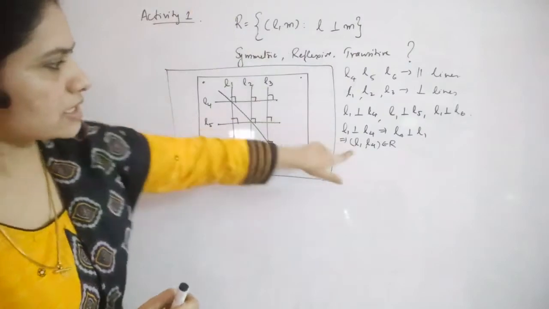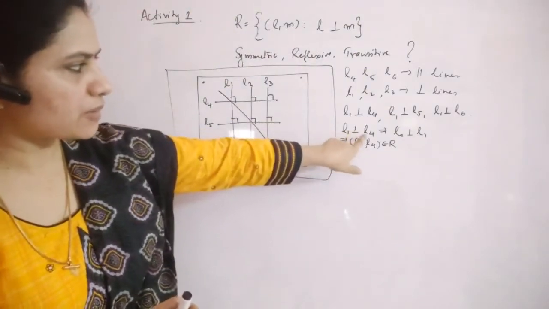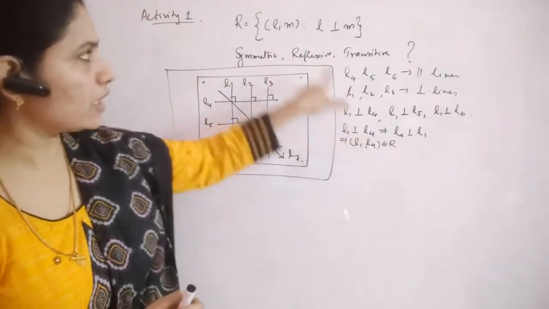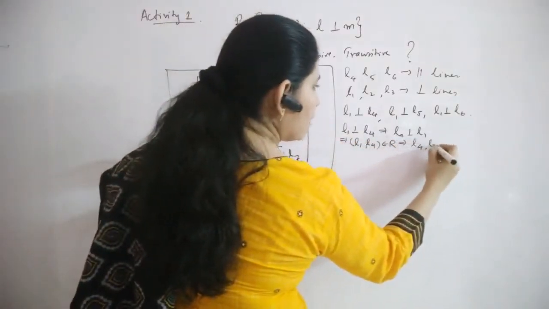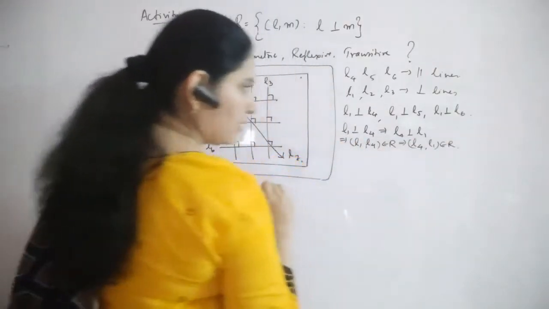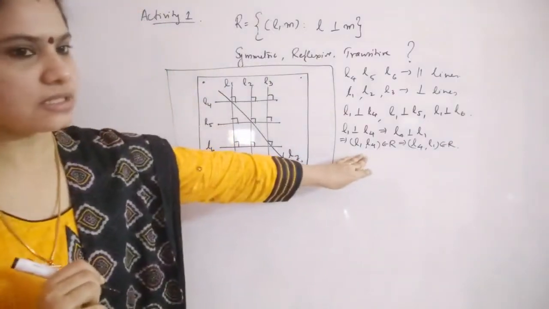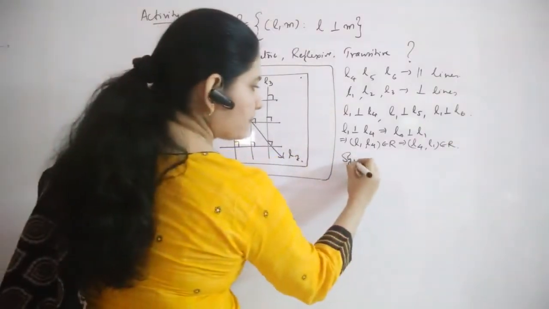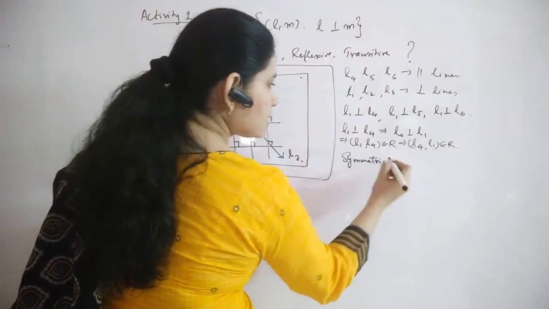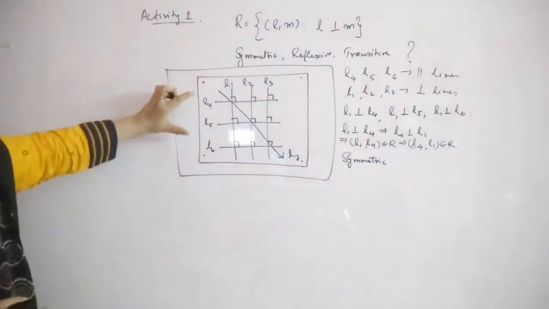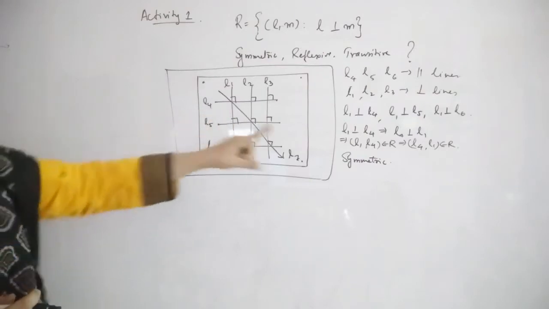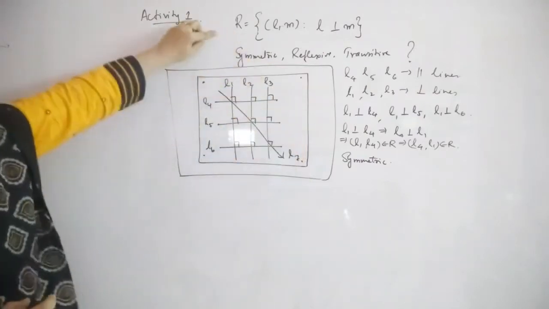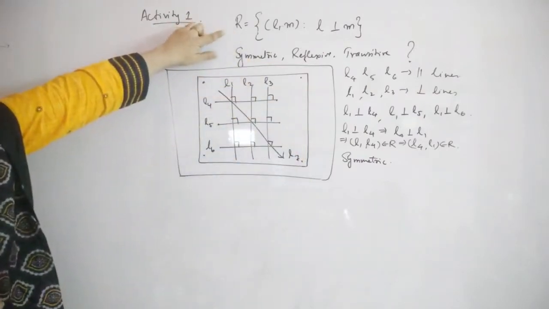So L1, L4 belongs to R, and that gives L4, L1 also belonging to R. What is the definition of this? That is symmetricity. You choose any pair, the opposite also has the same thing and belongs to R. So symmetricity is satisfied there.